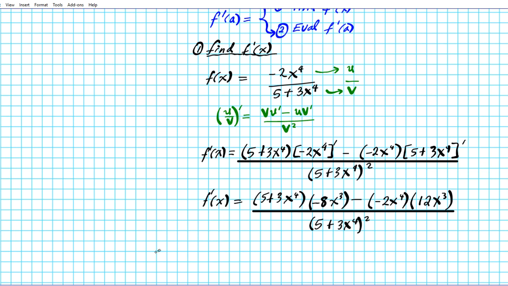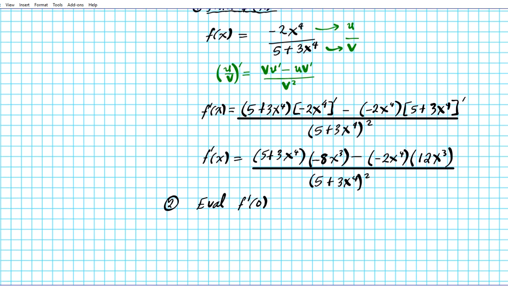So we are now advancing to part 2, where we're going to evaluate the derivative at x equals 0. Okay, so let's go ahead and start plugging them in.